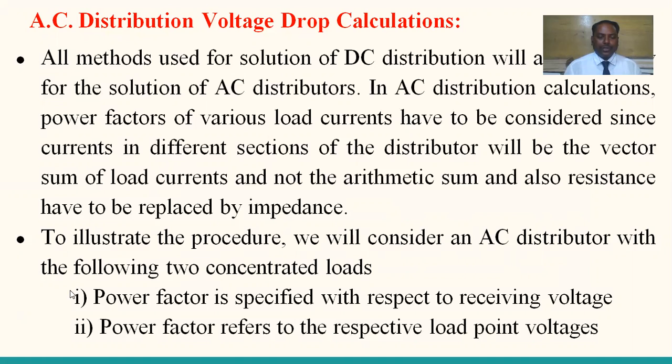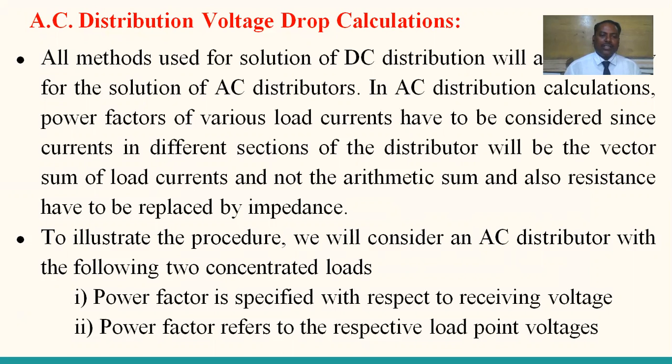We consider an AC distributor with two concentrated loads. One is where the power factor is specified with respect to the receiving end voltage. Another is where the power factor refers to the respective load voltage.